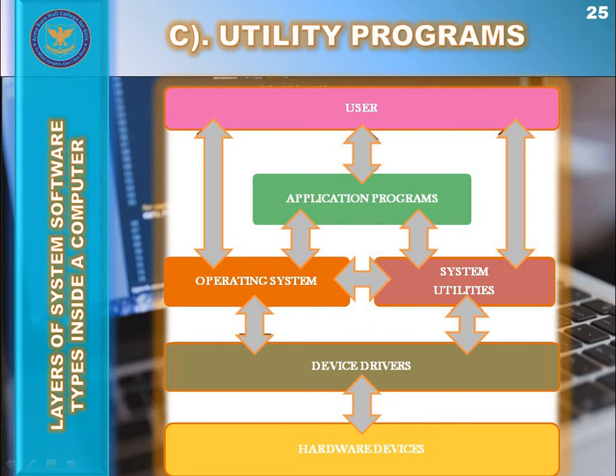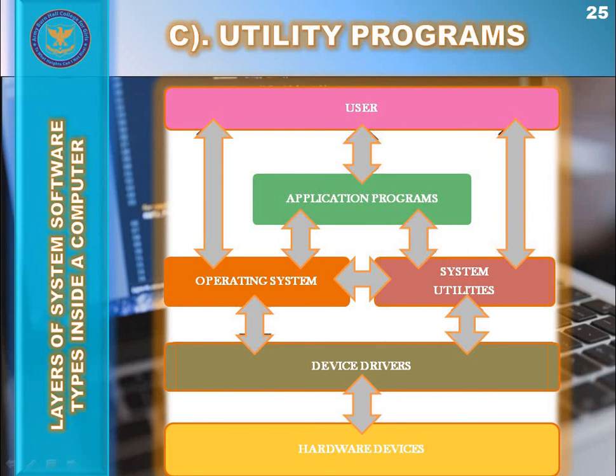So the application software is as a result getting controlled by the operating system. The operating system is also providing system utilities or any kind of system tool to the application program, or the operating system is able to provide the utility tool to a user if the user needs that.